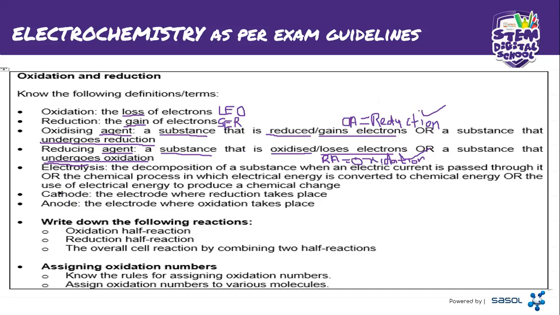And then we must also know the definition of a cathode. We won't talk about electrolysis. It won't be our focus for today. Now, when you talk about a cathode, you will remember, my dear learners, that firstly, it is an electrode. Remember, we identify electrodes as either a cathode or an anode.